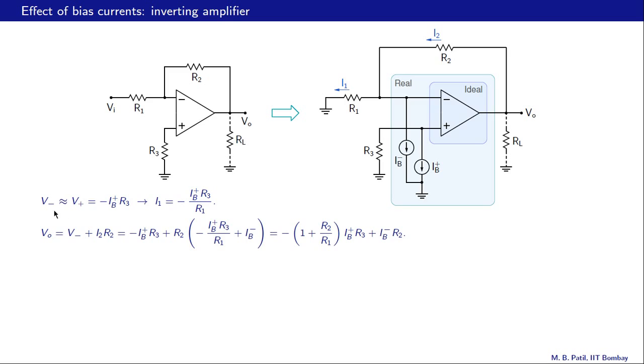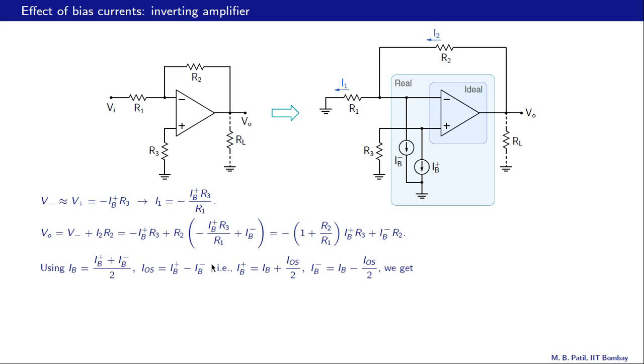We already know V minus from there. I2 is I1, which is this quantity, plus IB minus. So all that can be written as this expression here, minus 1 plus R2 by R1 times IB plus times R3, plus IB minus times R2.